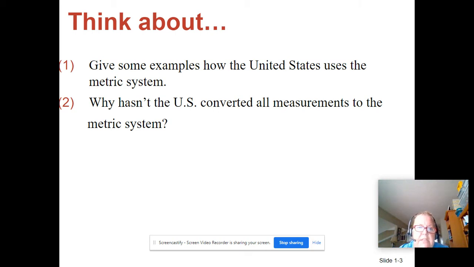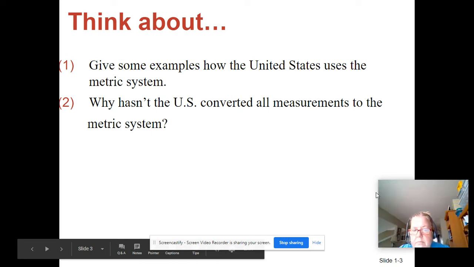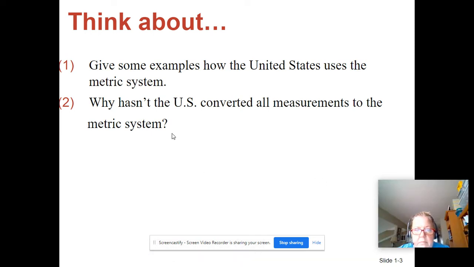Think about an example of when you use the metric system in the United States, and then why you think we have not solely converted to the metric system. I'll give you a few more seconds here.